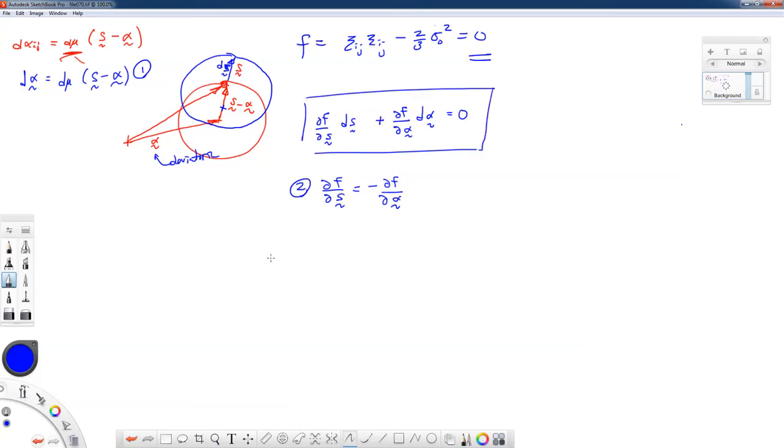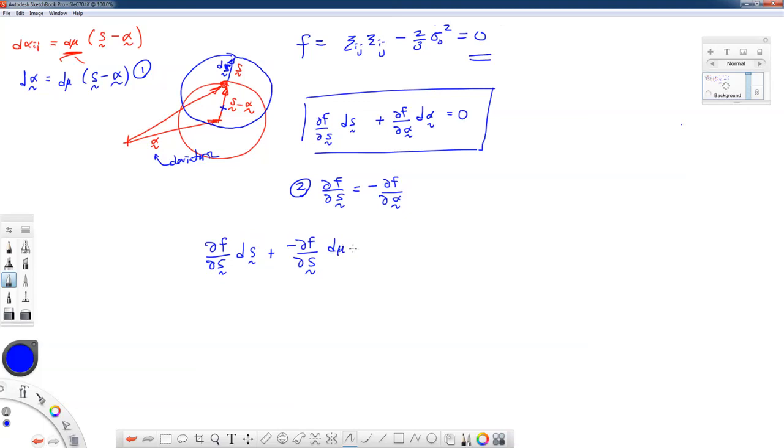We have the partial of f with respect to s ds plus the partial of f with respect to alpha d alpha, but what we're going to do is write this as the negative of the partial of f with respect to s d alpha.